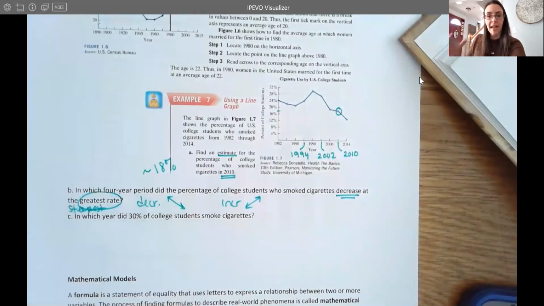Okay, so the rate is speed, right? How fast is it decreasing? So you want to figure out where is the greatest decrease. So you're looking at that slant. Where is it the steepest? I'm looking for decreasing trends. These are slowly decreasing. Here it's increasing. And then here I start to see some really good decreases. So I'm trying to figure out which segment looks to be the steepest.